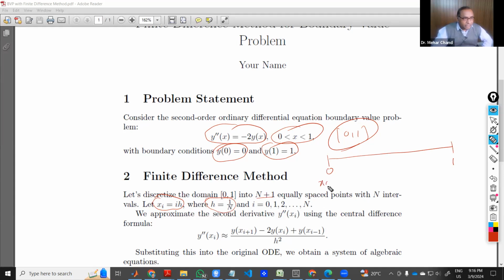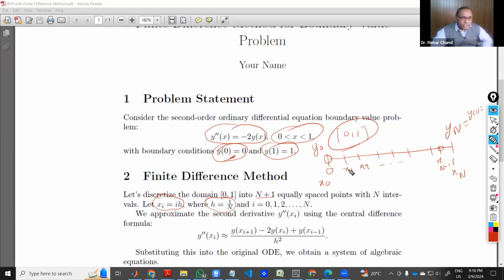This point is x0 and this point will be xn, where xn will be equal to 1. The other points are the intermediate points: this will be x1, then x2, and so on. This point is xn minus 1. Here we are given y0, and at this place we have yn. The boundary value is y1 equal to 1, and y0 means this value.